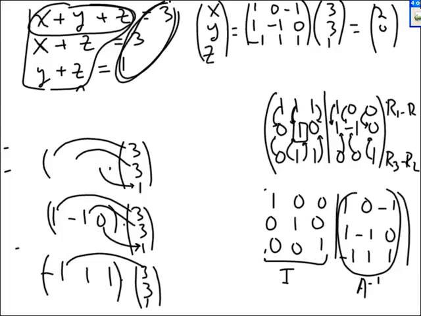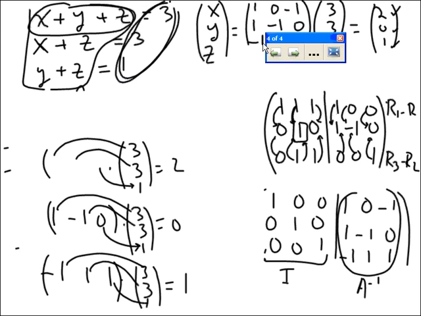We get negative 3 plus 3 is 0, plus 1 is 1. X is 2, y is 0, z is 1. That's how you solve a system of equations using inverses. It's a piece of cake. That completes this section.